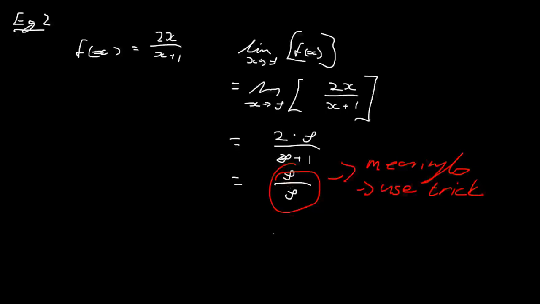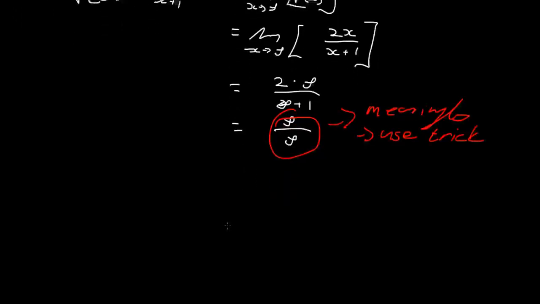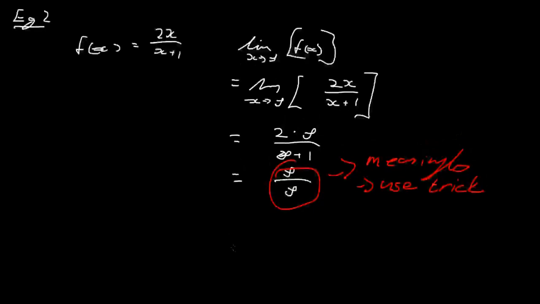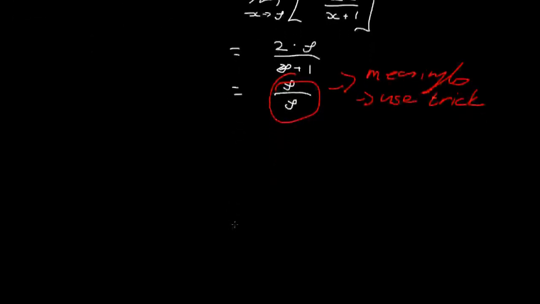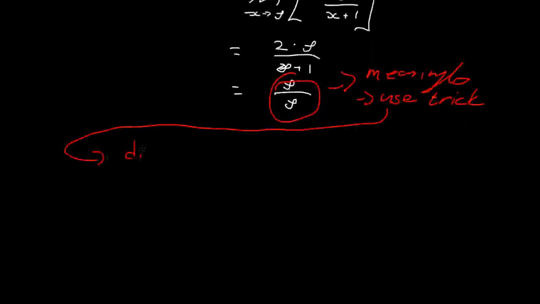One of the tricks is to divide the numerator and the denominator by x. Okay, so our trick is divide numerator and denominator by x. Right, so let's do it.